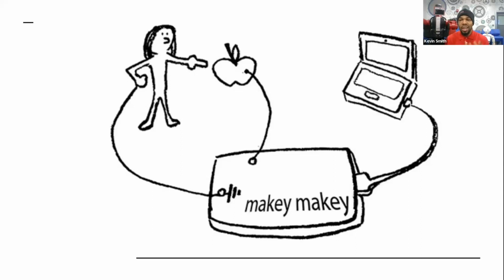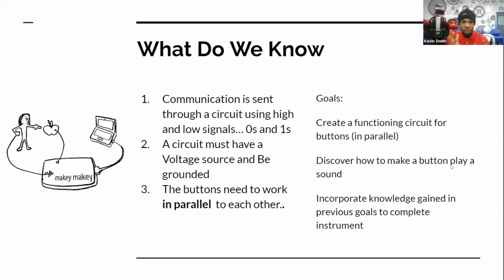So if we want to take a step back to what we know from all of this, we know that communication is sent throughout the circuit using ones and zeros, highs and low signals, right? We understand that the circuit has to have a voltage source, a power source, but it must also be grounded.